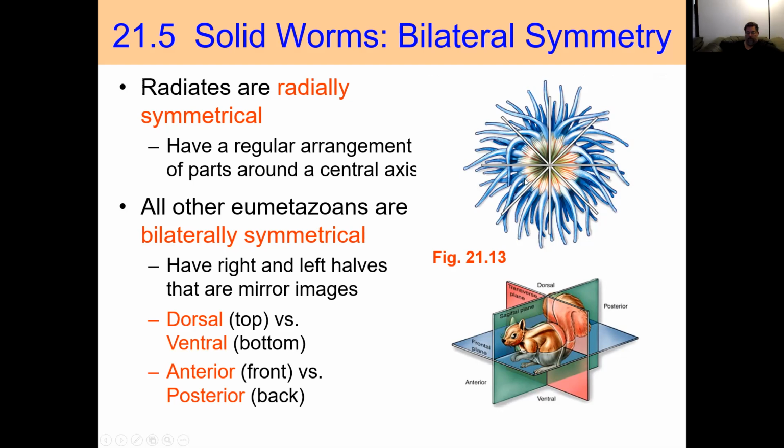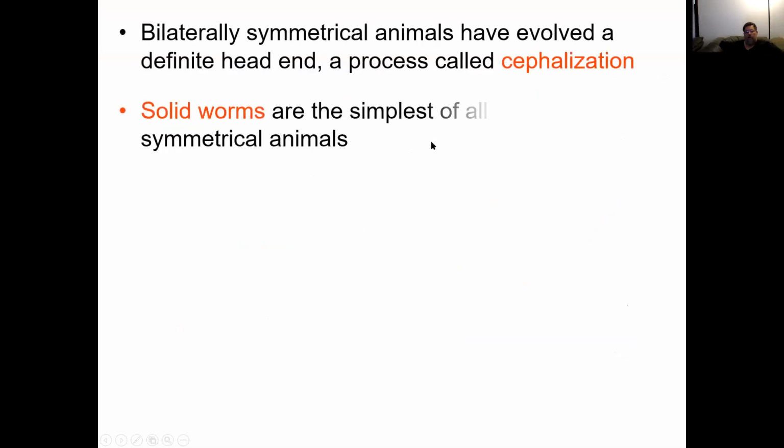Before that, animals were radially symmetric, where you could slice them in any different direction, and they wouldn't necessarily have a posterior half or not. It'll look the same almost any direction you cut it. And of course, with bilateral symmetry, we see cephalization. If you remember that, that is the head region with eyes and mouth and so forth.